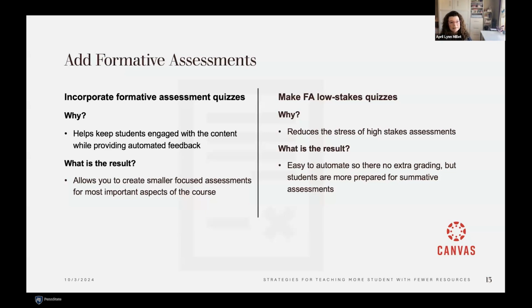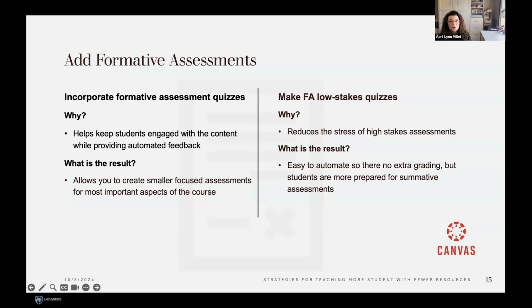Where you can ask those formative questions is if there's something super important that could throw off the entire education experience for the student in the class. If they don't get that one particular thing, then they're not going to do well in the class overall. So what you can do is try to identify those key concepts and put a formative assessment about that.